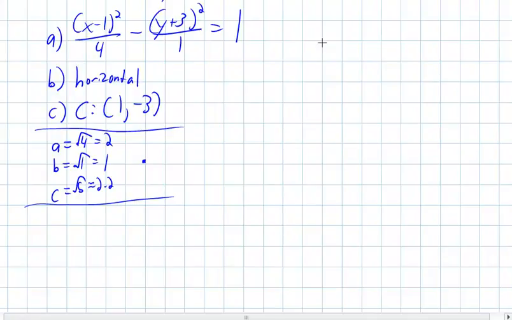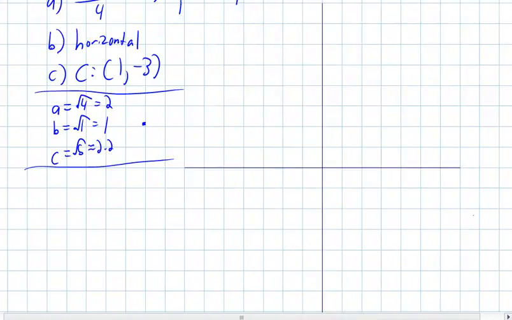This won't take but a second. Center at 1, negative 3, left 2, right 2 and left 2 for our vertices, up 1 and down 1 for our minor vertices, and then right 2.2 and left 2.2 for our foci. Okay, back to the steps.